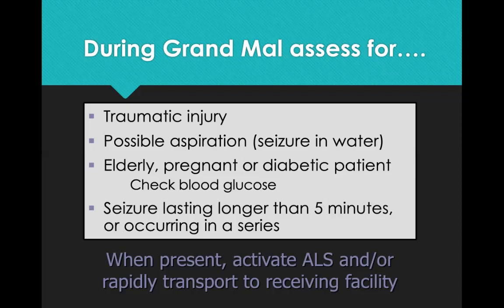And then we also want to see how long the seizure lasts and how many seizures they have been having. If this is the first seizure of the moment or if this is a repeated seizure. Seizures that are, it's called status epilepticus, in which we have a seizure that's lasting for more than 5 minutes.